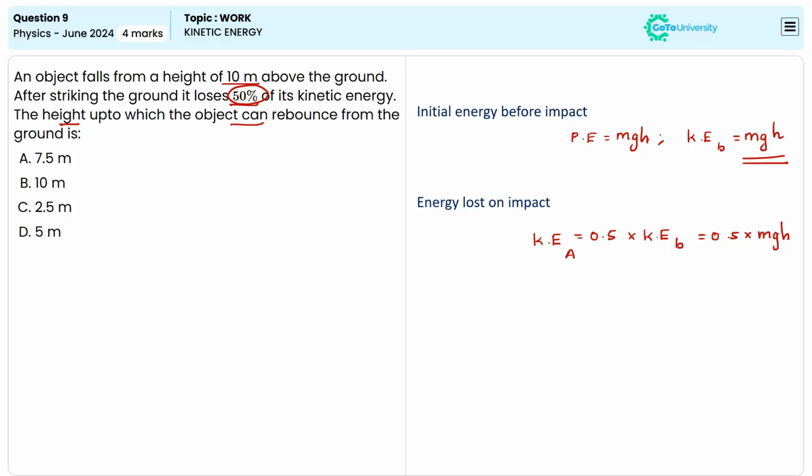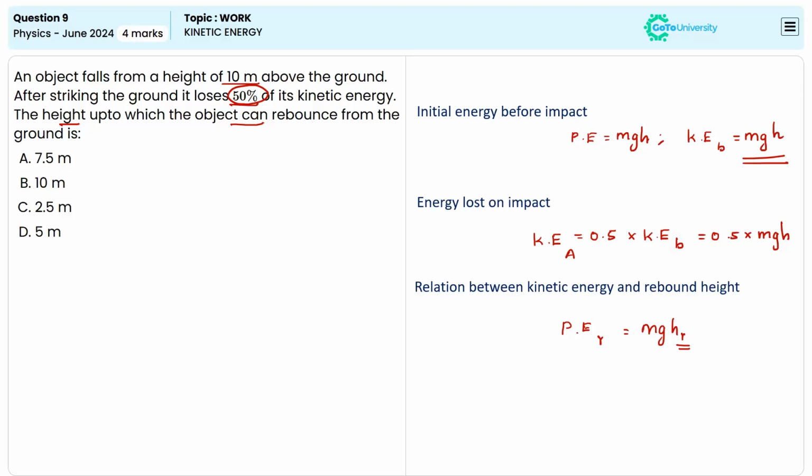Here we can calculate the value of height of rebound by using a kinetic energy relation. The kinetic energy after an impact is converted back into potential energy as the object rebounds. So the potential energy at a maximum rebound height can be written as potential energy rebound will be equal to mgh_r, the rebound height, right?